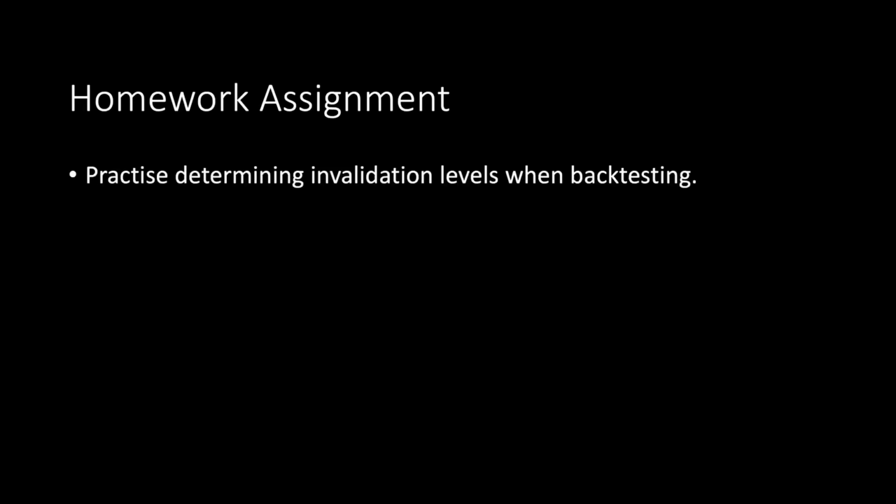I want to give you a homework assignment to finalize this lecture. I want you to practice determining invalidation levels when backtesting. You have probably only been looking at reversal patterns, getting to know the model, getting to understand it, but you should now start paying attention to what occurs between your entry and the draw on liquidity being reached.